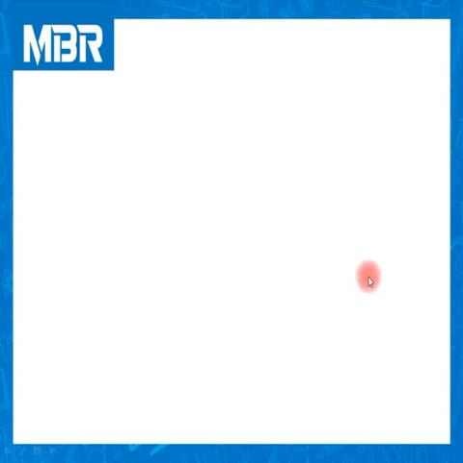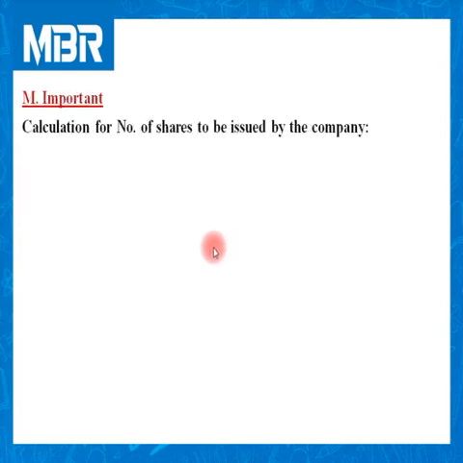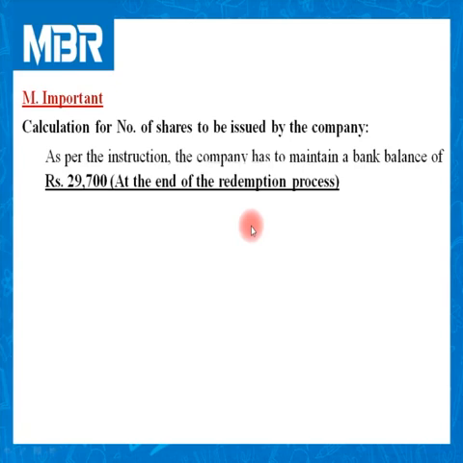let us move to the most important calculation of this question, that is related to the number of shares to be issued by the company. As per the instruction given in the question, at the end we need to maintain a bank balance of rupees 29,700.